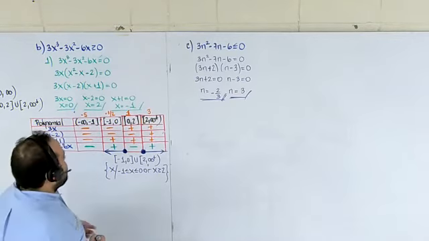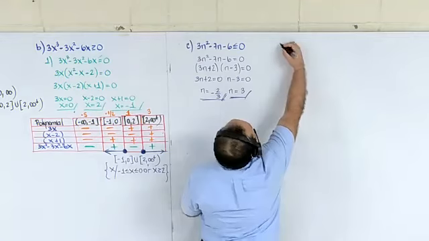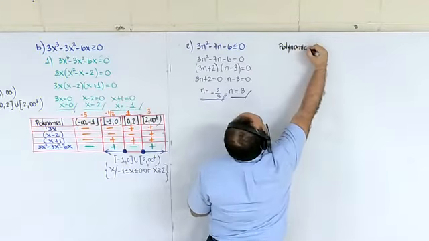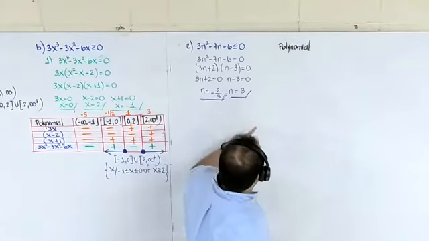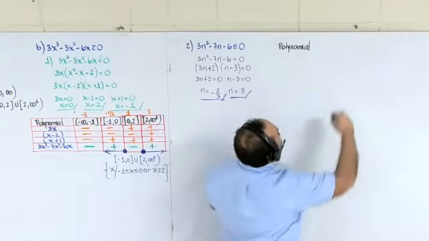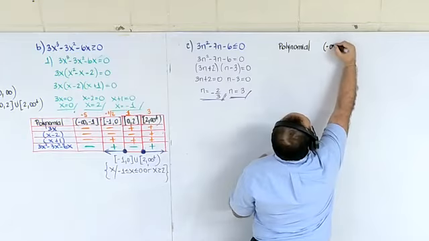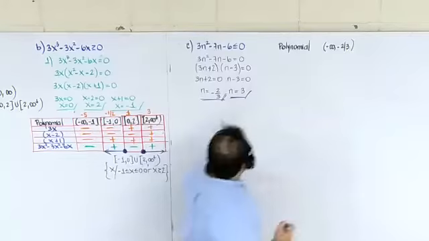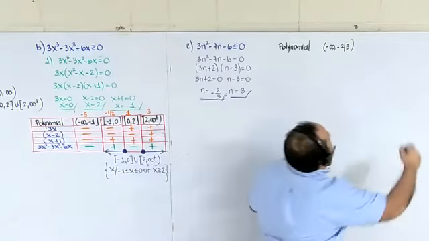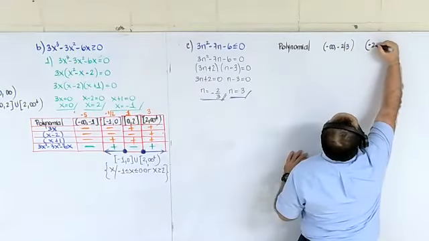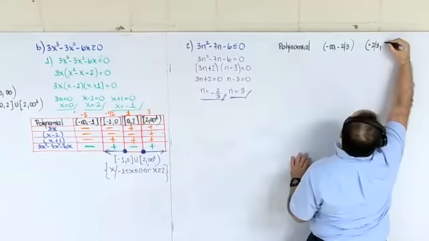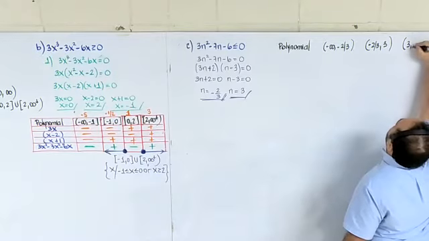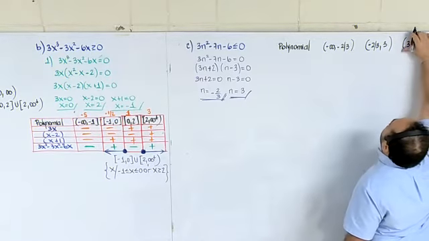Now let's create the inequality. Remember the intervals. The smaller one, negative infinity, comma, negative 2/3; then negative 2/3, comma, 3; and the highest one will be 3 with positive infinity.